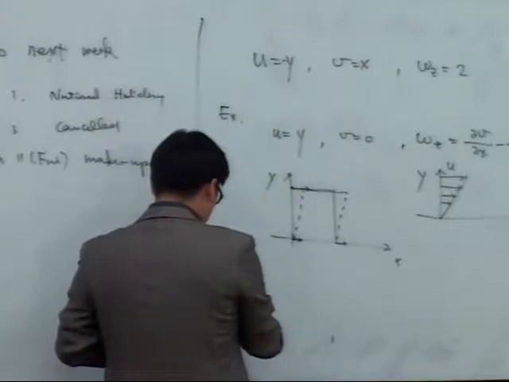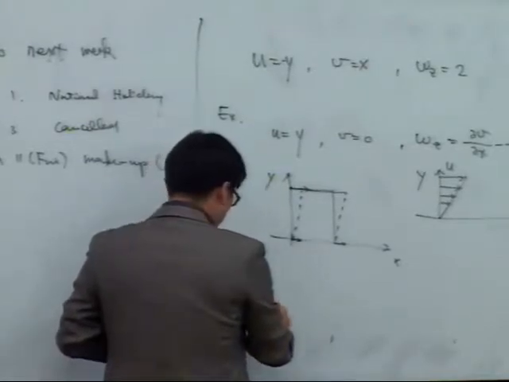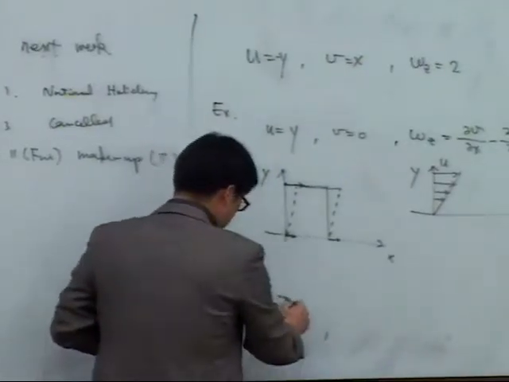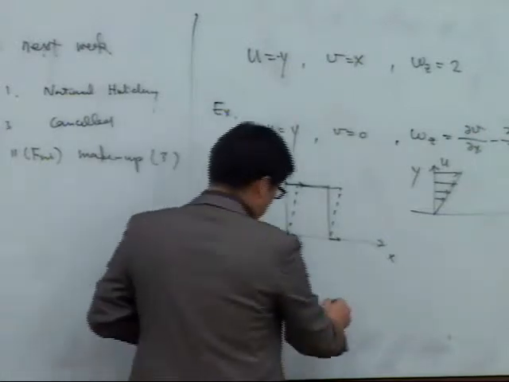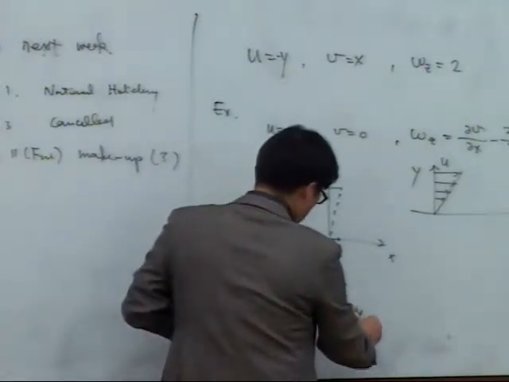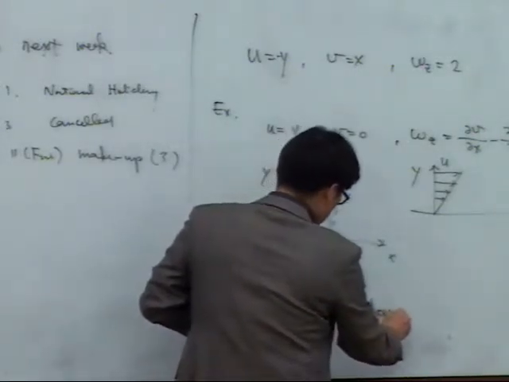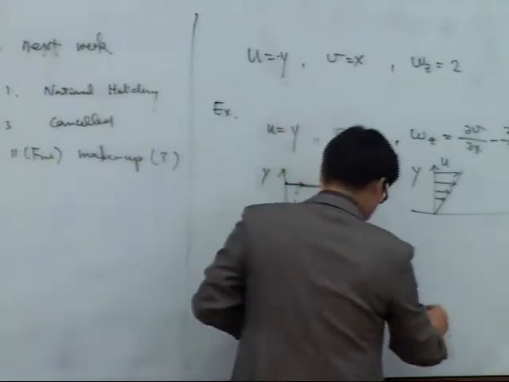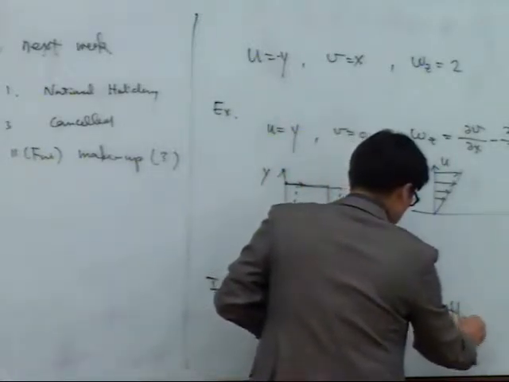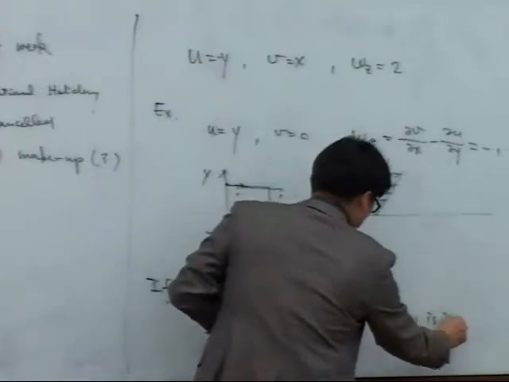So if the vorticity vector is 0 everywhere, then the flow is irrotational.